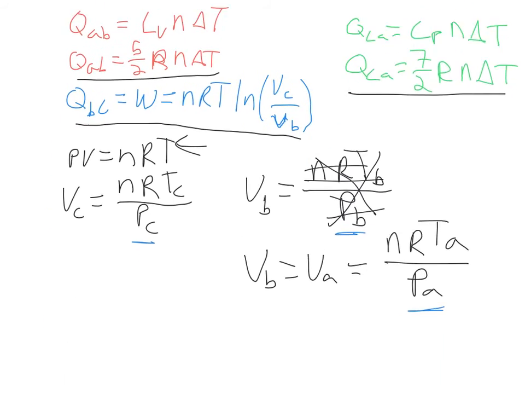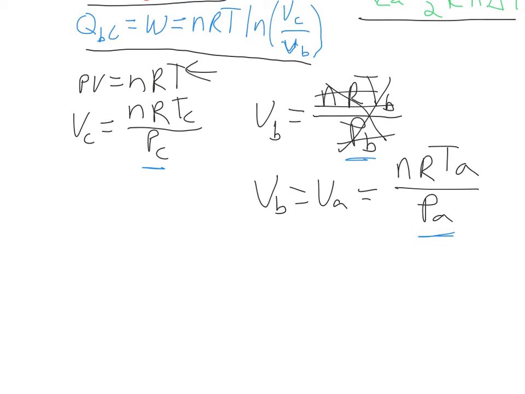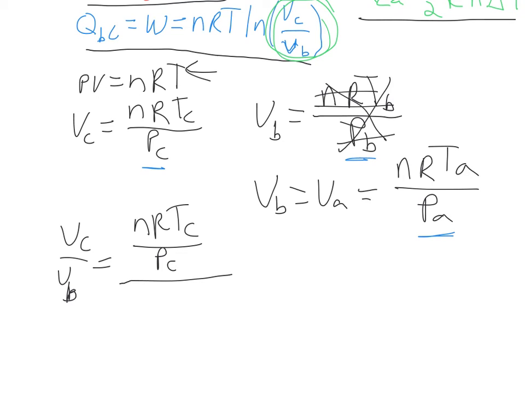So if we're trying to determine VC over VB, that's equal to VC, which is nRTC over PC, divided by VA, which is equal to VB, so that's nRTA over PA.